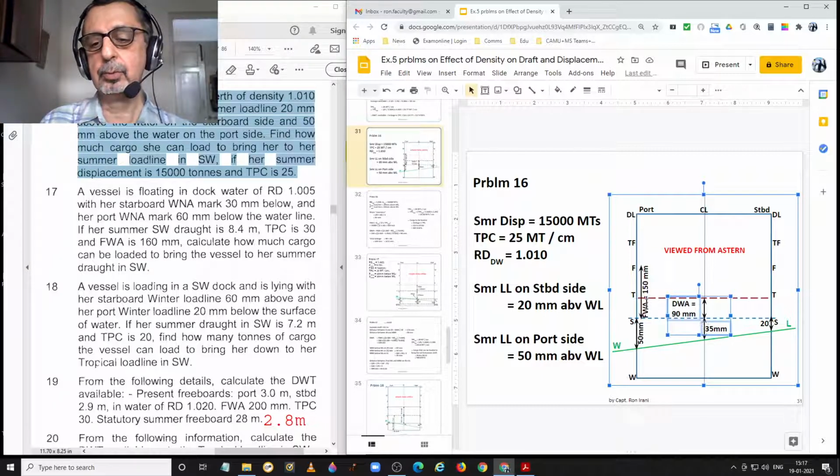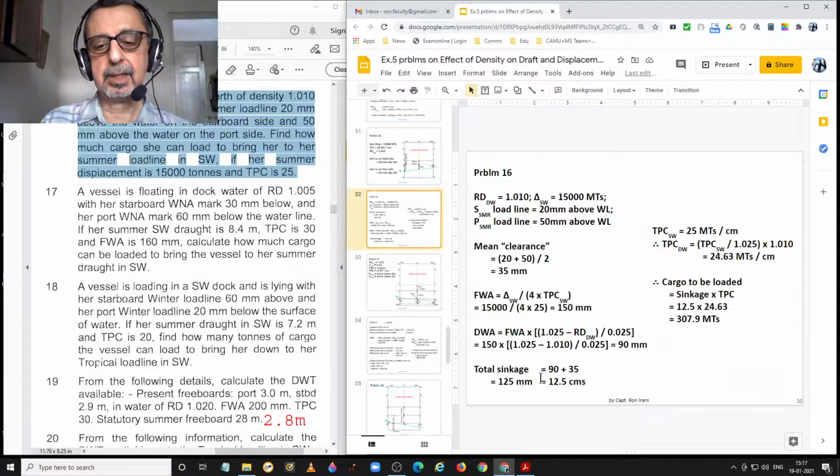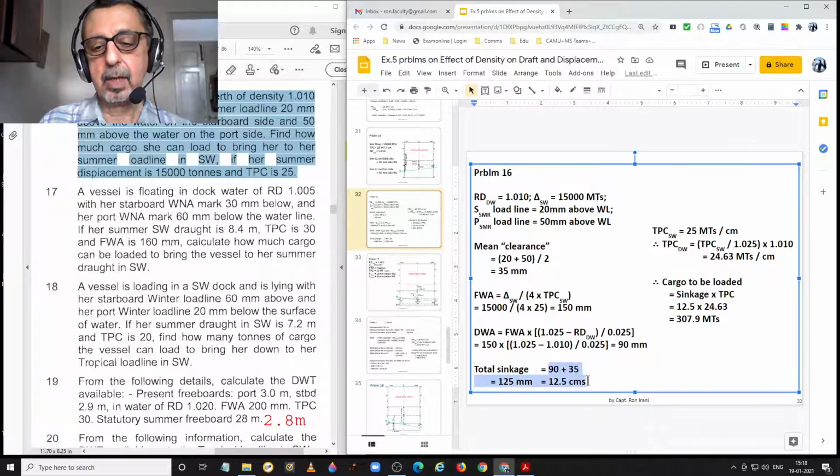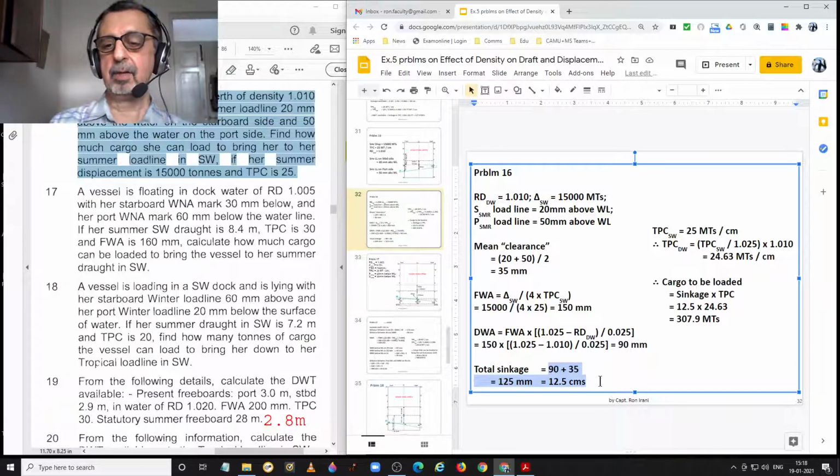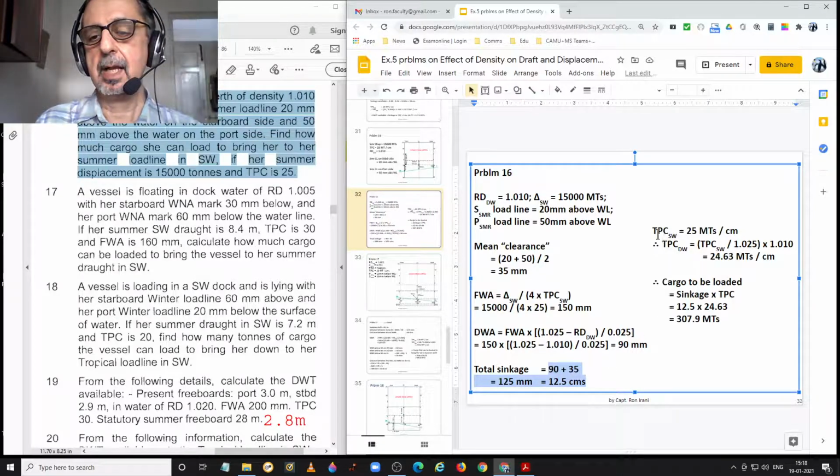You add the two, you get 125 millimeters. That much sinkage is permissible. Now, 90 plus 35 is equal to 125 millimeters or 12.5 centimeters.